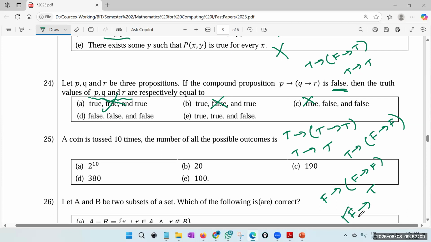When this is false, definitely the answer is true. And what about this? True implies false. True implies false is false. That means again true implies false. True implies false is false. So this is false. Answer is C. 24 answer is C.